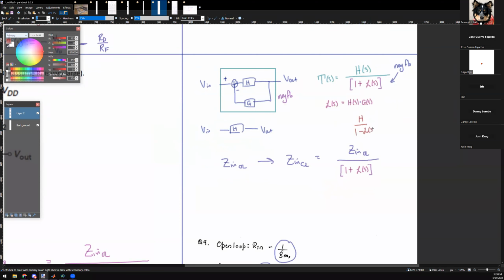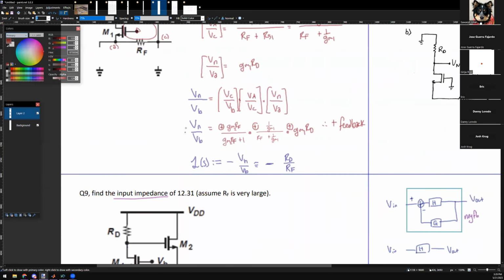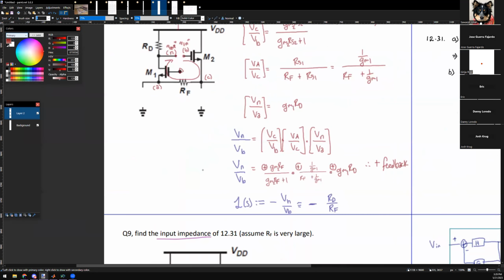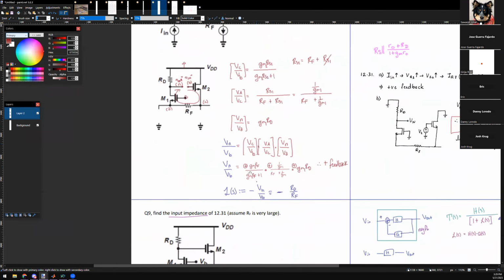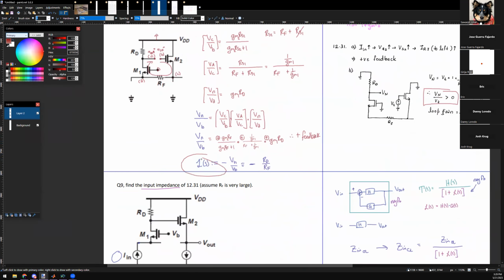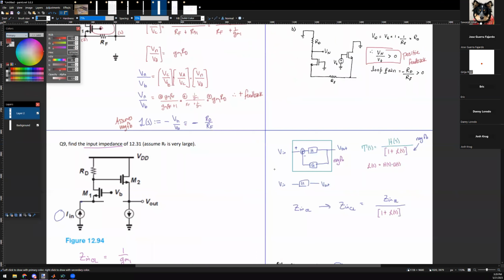L of S is defined to be this, but it's weird because L of S is the loop gain, which is the total gain around the loop. So when you calculate this guy, this is calculating the loop gain. My definition of L of S assumes negative feedback, so for me to assume negative feedback, I have to negate it again.